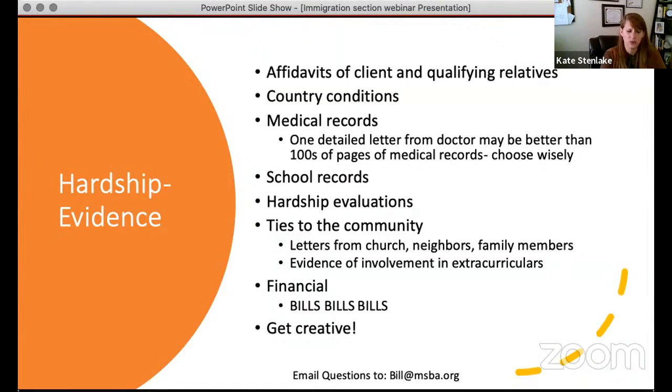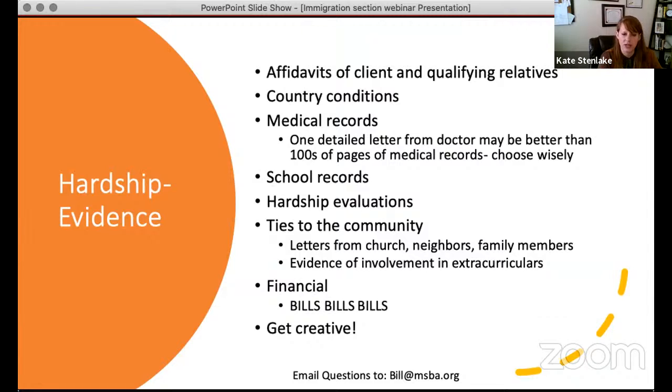Financial hardship will usually play into every case. Submit bills, and usually in the affidavit, I'll outline what the client's expenses are and what the income is. A lot of times in these cases, the person in removal proceedings is dad, who is the primary earner.